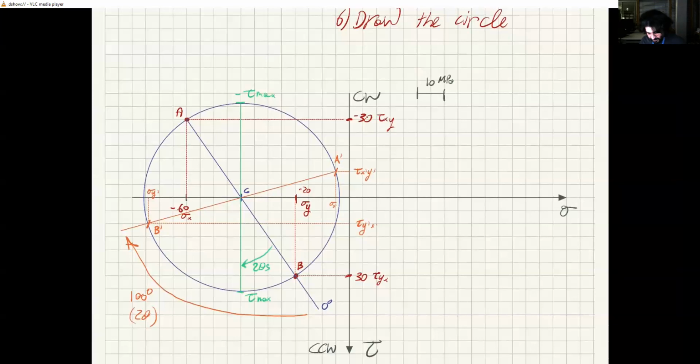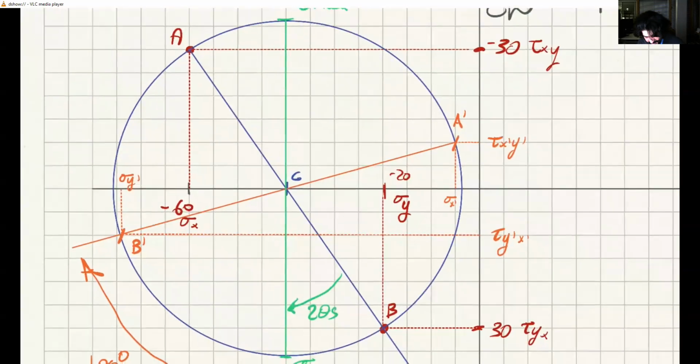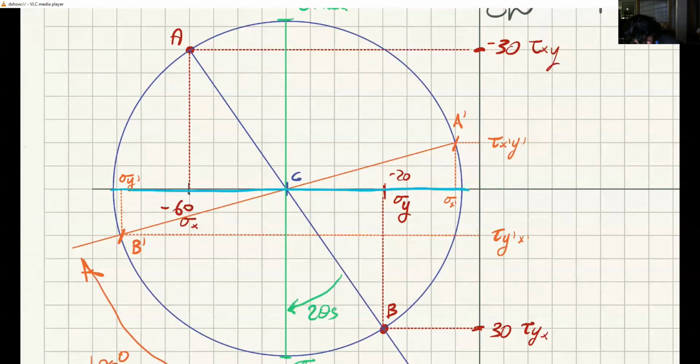And of course, on the other side, the other important diametral line is this horizontal one, as you might imagine. This one is sigma max, which we also call sigma 1.